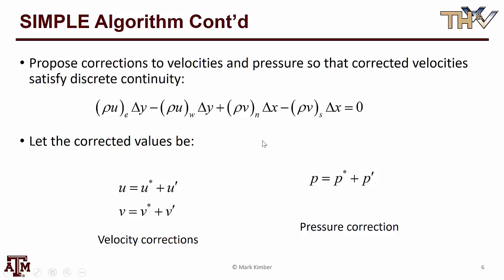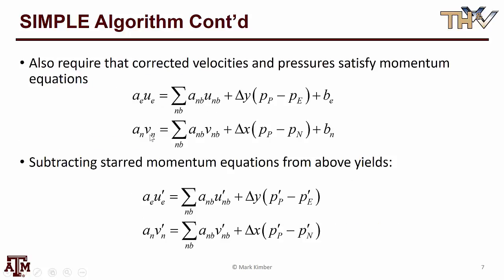So we'll substitute these into the discrete continuity equation. And we will also require that the velocities without the primed or the starred nomenclature should also satisfy the momentum equations.